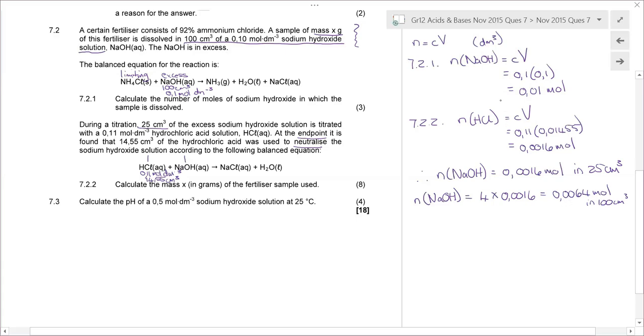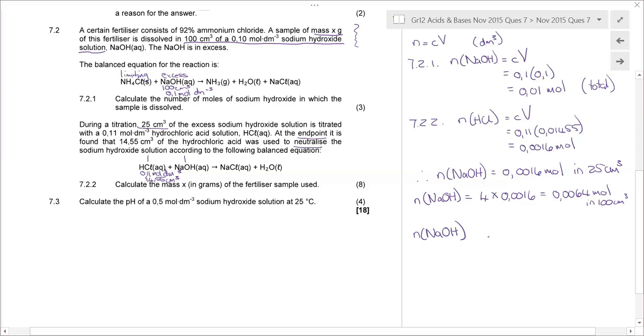We started off with a total number of moles initially of 0.01. So we had 0.01 moles of sodium hydroxide here. We have worked out that the unreacted moles, the excess moles, is 0.0064.